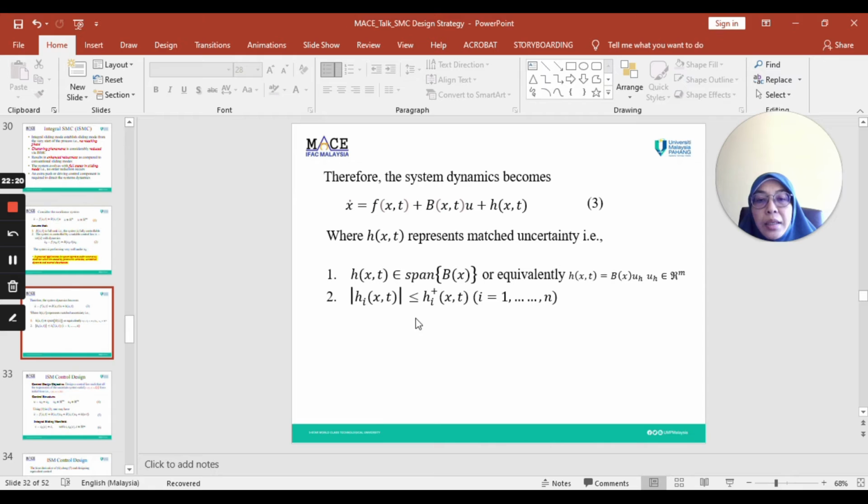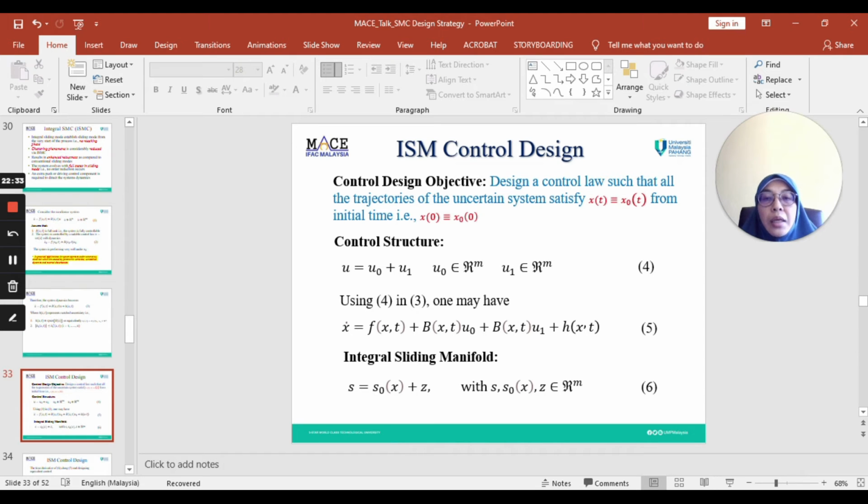This uncertainty always has to be smaller than or equal to the maximum of the uncertainty. Okay, what is the control objective for this ISMC? Basically we want to design a control law such that all the trajectories of the uncertain system satisfy this equation from the initial time.